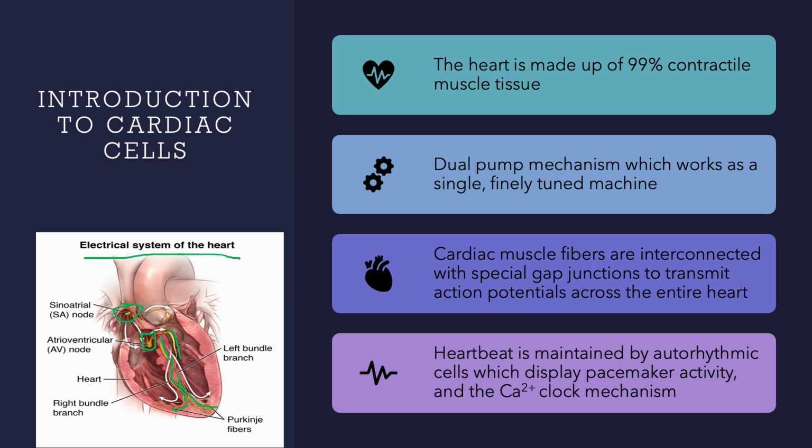And just to reiterate, the heartbeat is maintained by that 1% of autorhythmic tissue, as well as something called the Ca2+ clock mechanism. But this presentation is about what happens after that initiation of action potential, which is the action potential of that contractile muscle tissue, again called the cardiomyocytes, which is the other 99% of tissue, and why it is so unique.